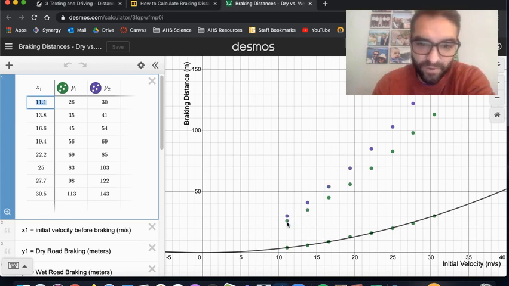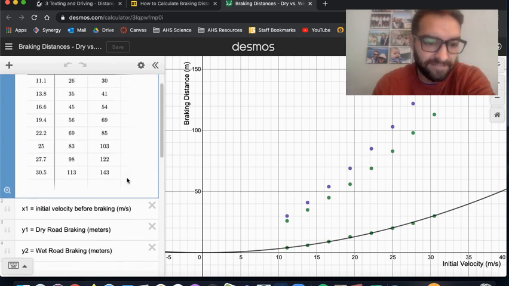So at 11.1 meters per second, on a dry road, it took 26 meters, but on a wet road, it took 30 meters to stop. So you can see that the braking is not quite as good on a wet road. You can also see that the space between these dots is starting to get larger.